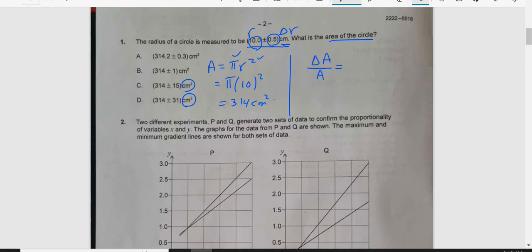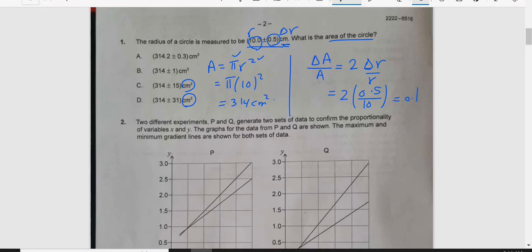R to the power 2, we get the 2 out, times the uncertainty in R divided by R. Or we can say delta R over R plus delta R over R, the uncertainty in the radius divided by the radius, twice. So this will equal: delta R is 0.5, the original radius is 10, and this will give us 0.1.